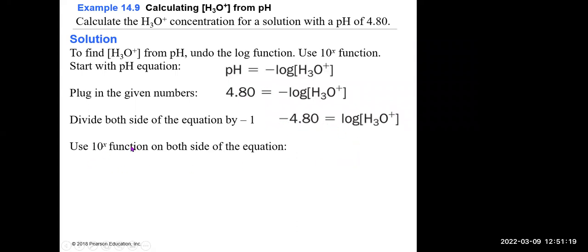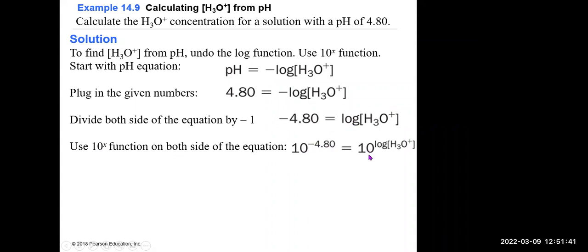Then you will use this function because the base-10 exponential function and the base-10 logarithm function are inverse functions of each other. You use the base-10 exponential on the left, and you get 10 to the negative 4.80.